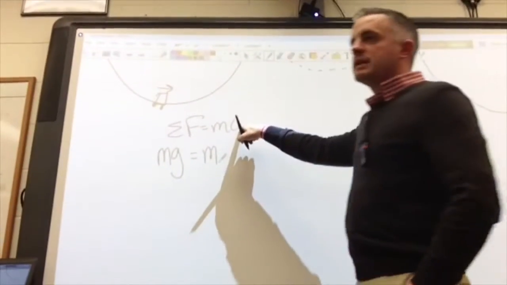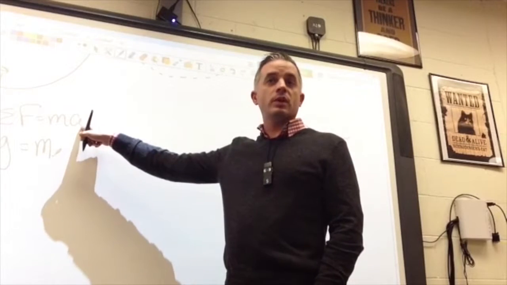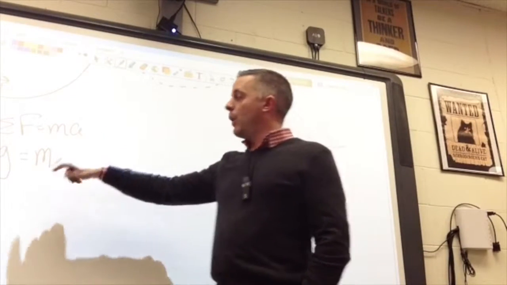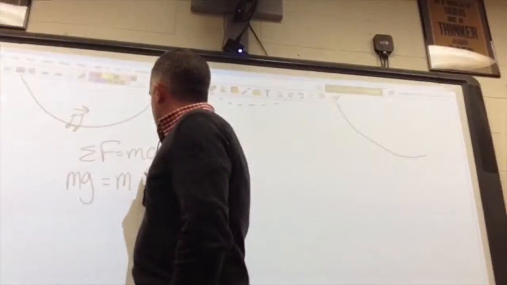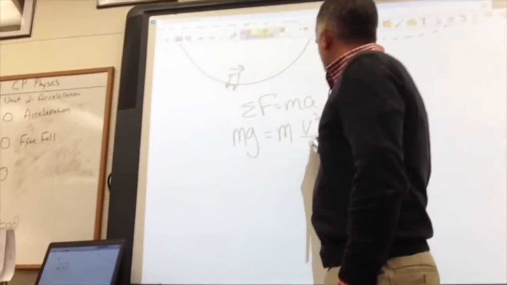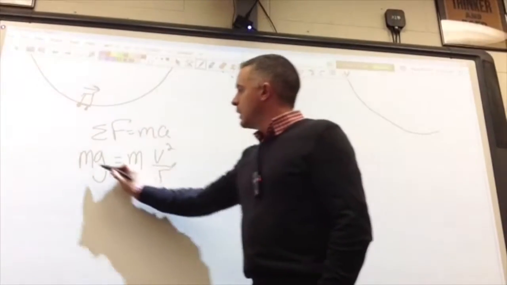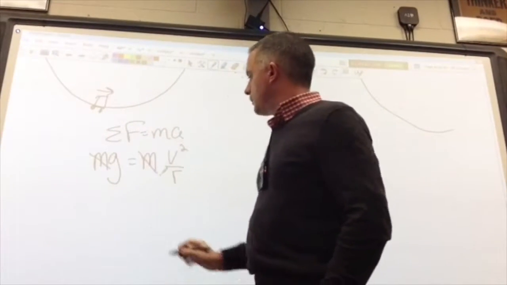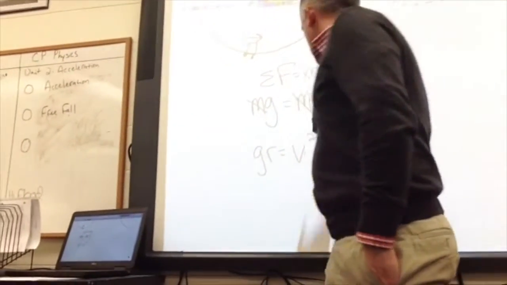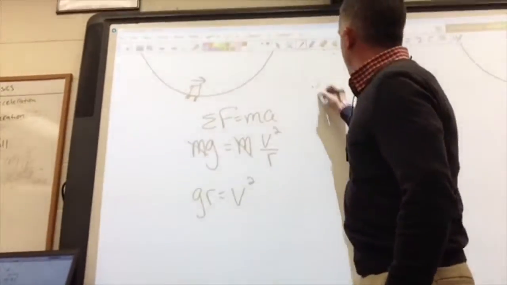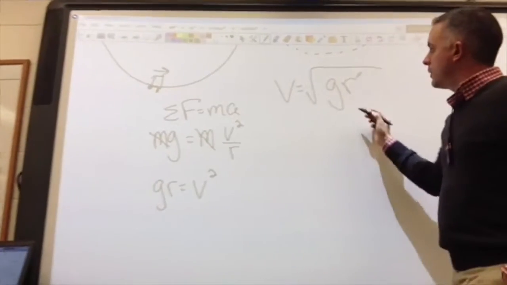And in this case, it creates a completely total centripetal force. The weight is 100% centripetal force, so mg equals mv squared over r. The m's go away, so v squared equals g r, and v is equal to the square root of g r.